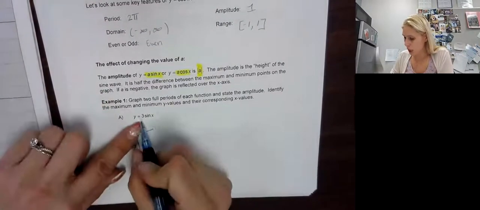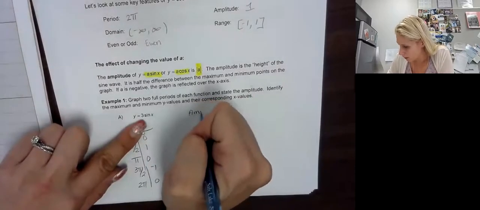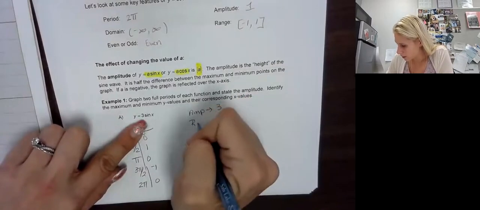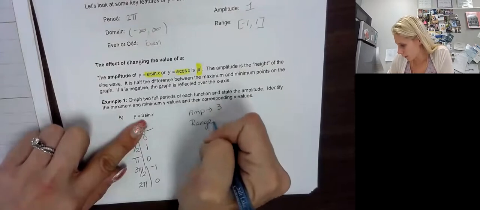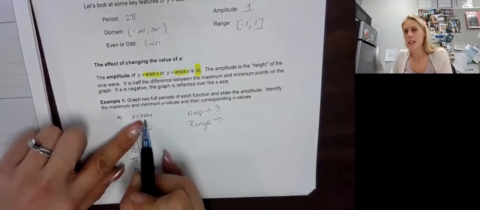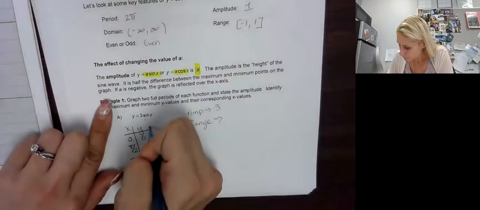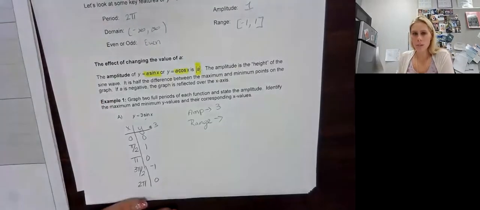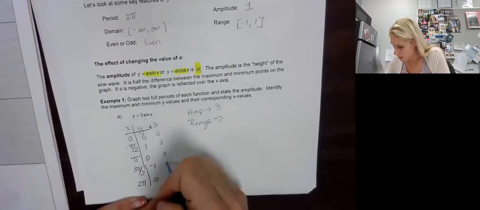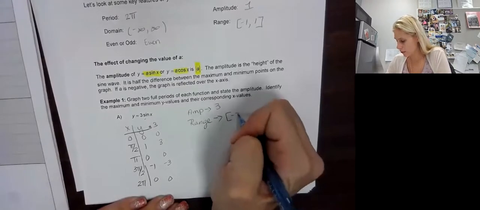Now we already know just from the function itself that the amplitude is going to be 3. But to find the range, we're going to have to look at the table value first. So think of our transformations. This is on the outside, so we do it to the y value, and we're multiplying by 3. So I'm going to multiply all the terms for the y value by 3. So I get 0, 3, 0, negative 3, 0, which means my range goes from negative 3 to 3.